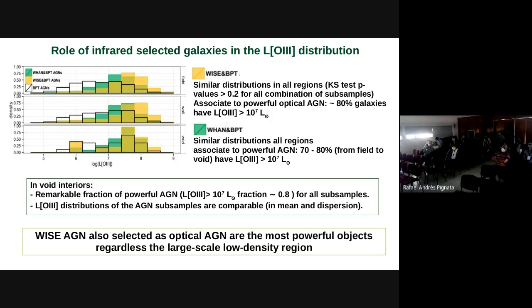So in conclusion, the galaxies that are BPT and WISE at the same time are the most powerful objects in the three large-scale environments.